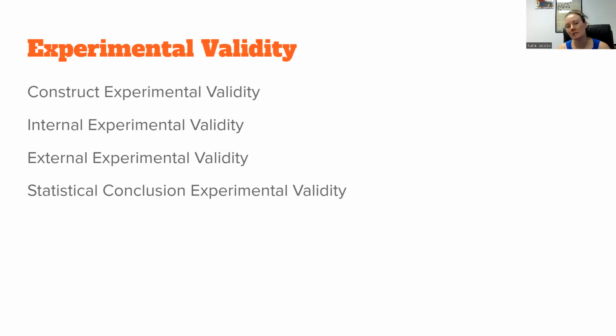The book called it conclusion experimental validity, but typically you hear it called statistical conclusion experimental validity. And I actually have kind of a problem with most researchers saying it's experimental validity because these also apply to quasi-experimental and correlational designs as well. So I almost wish it was like construct research validity or internal research validity and so forth, but I didn't get to name it.